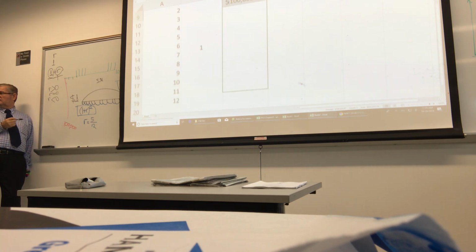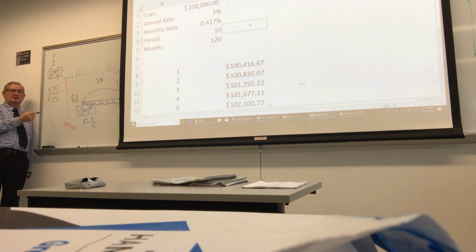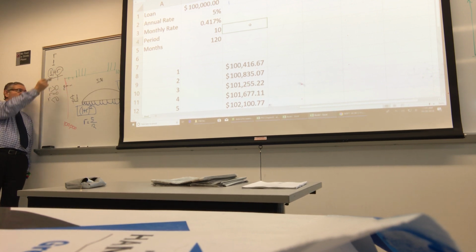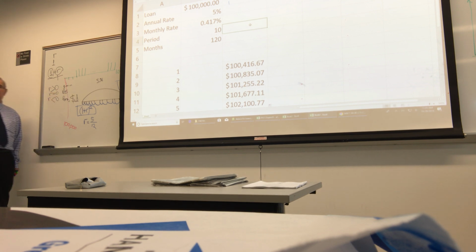Is this clear? Yes. If R is positive, then I get something more than 1. I gain. If R is negative, then I lose. If R is 0, then I have a break-even situation. I have exactly what I had before.